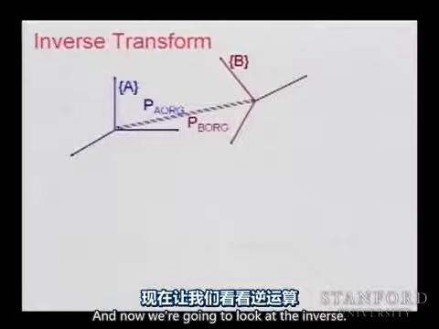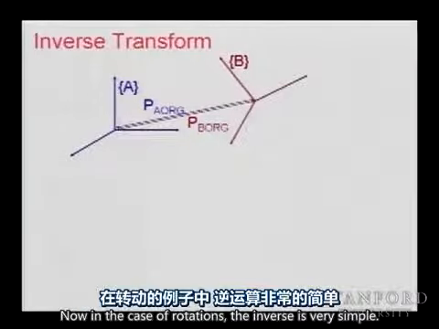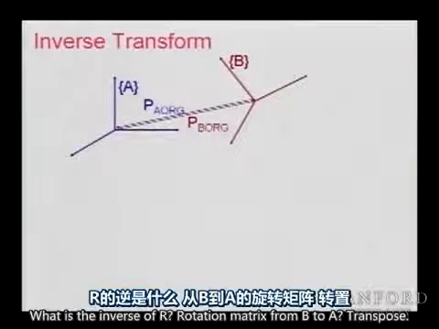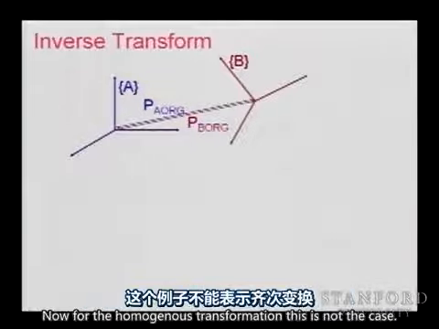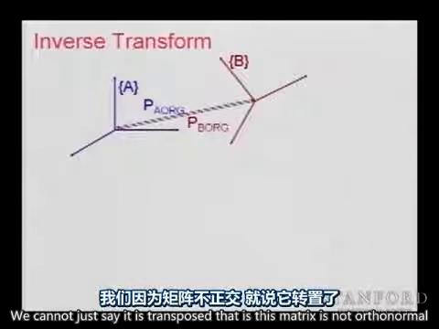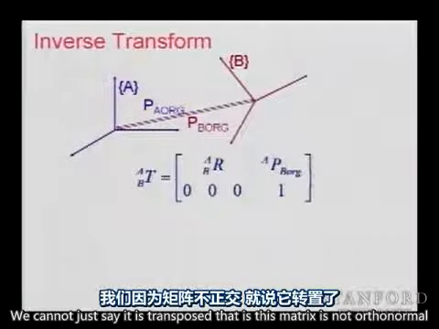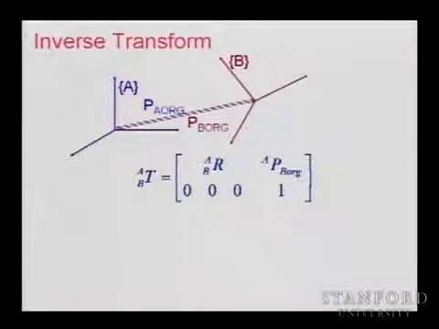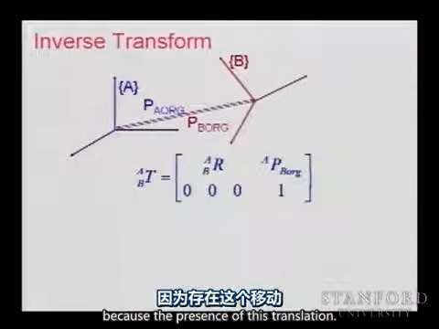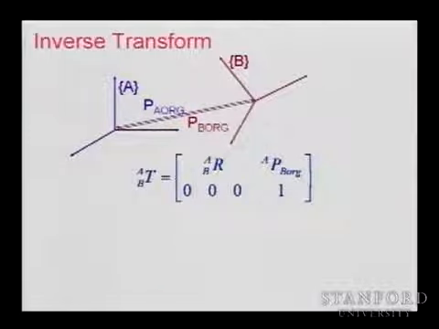And now we're going to look at the inverse. Now, in the case of rotations, the inverse is very simple. What is the inverse of R, the rotation matrix from B to A? Transpose. Now, for the homogeneous transformation, this is not the case. We cannot just say it is transpose. That is, this matrix is not orthonormal because of the presence of this translation.